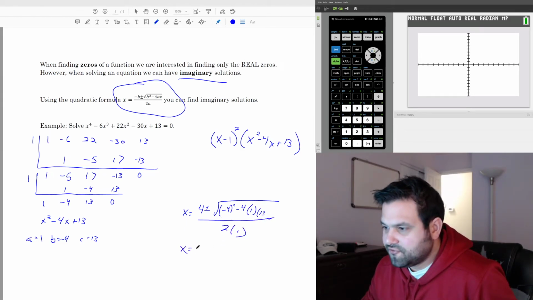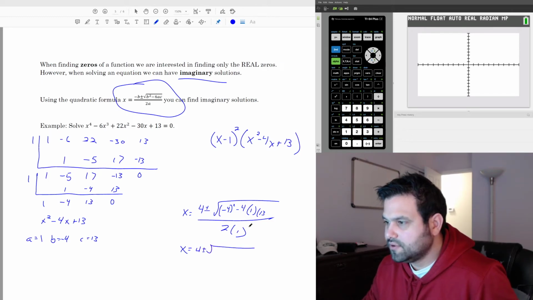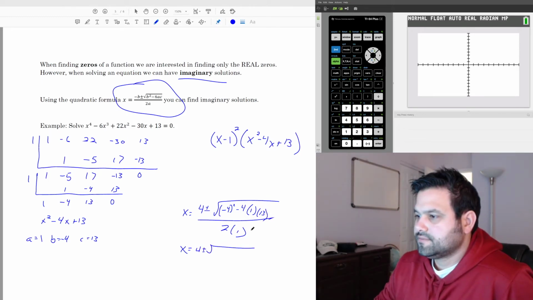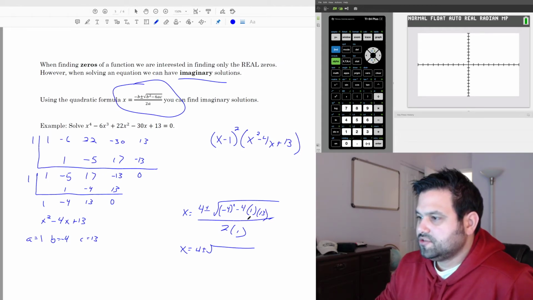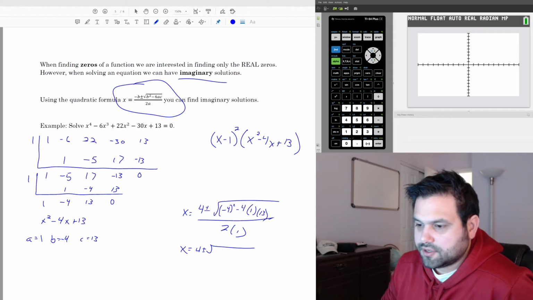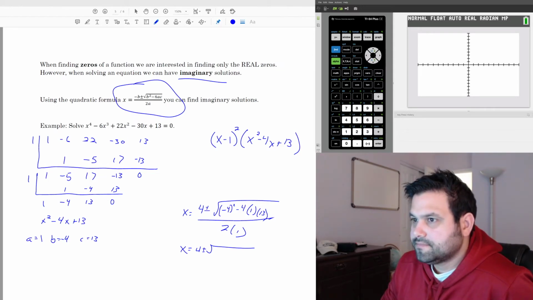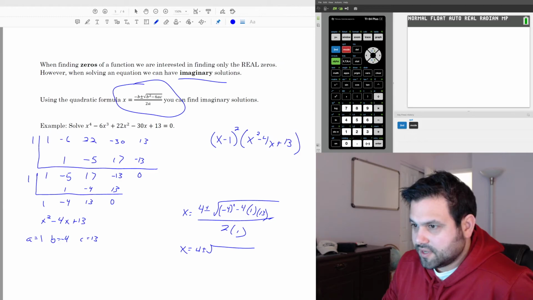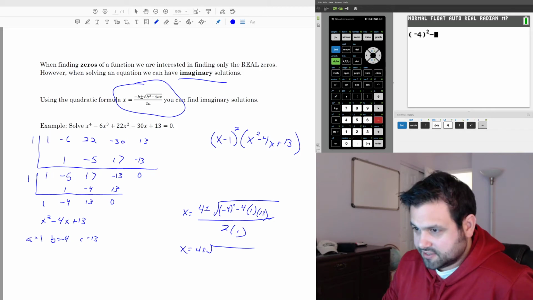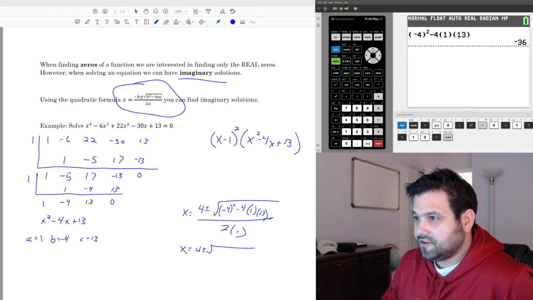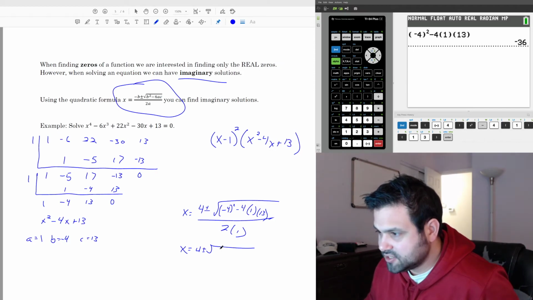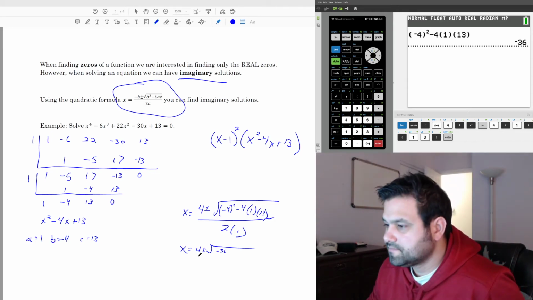And so we get 4 plus and minus the square root of, let's see what this should be. Swap over my calculator here. So we have 4 squared minus 4ac. And we get -36 under the square root sign, which is what we expected because we were expecting imaginary roots.